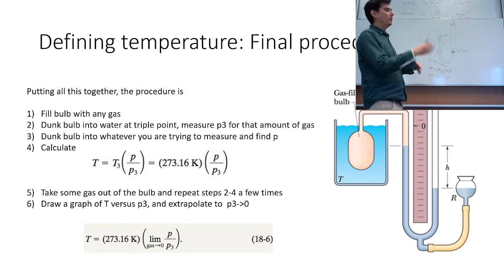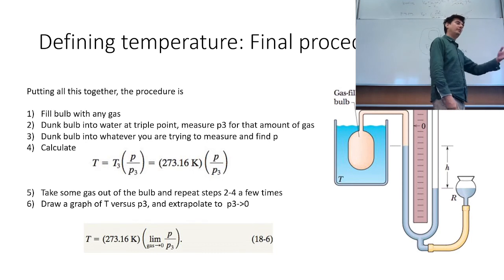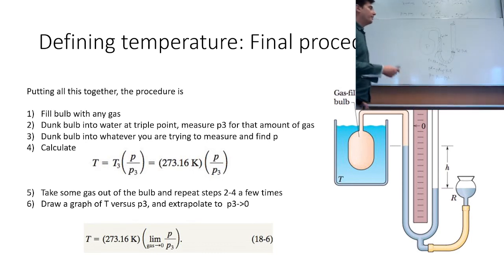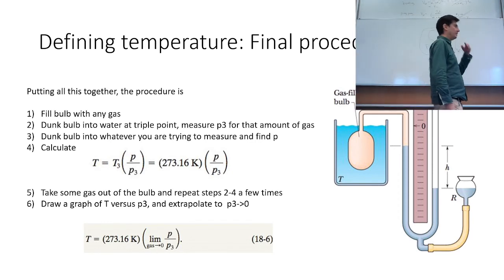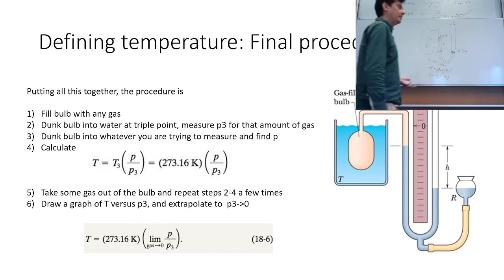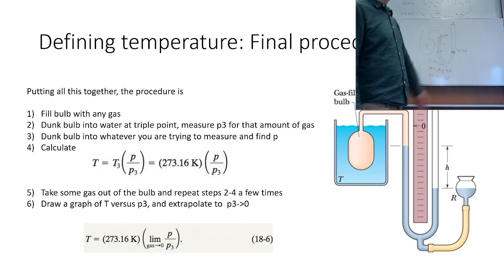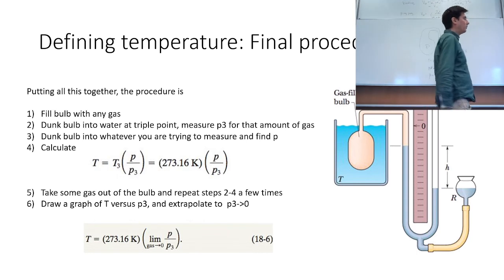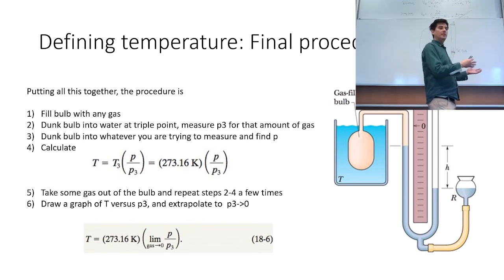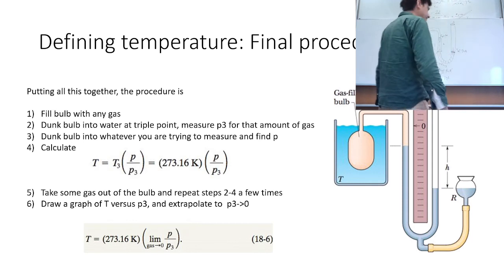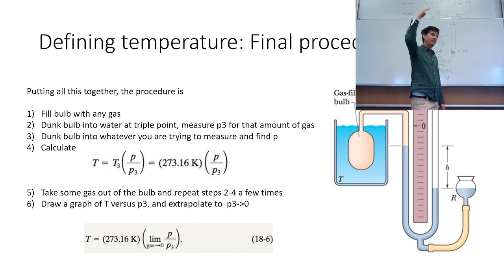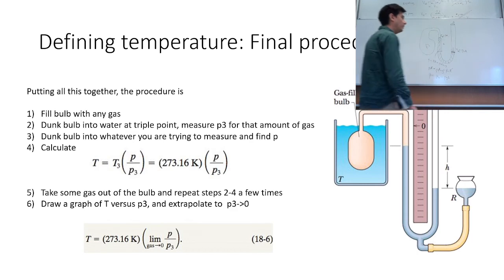You're doing some weird graphing, making different bulbs, and extrapolating. But this is eventually the recipe that you need in order to get something robust that anybody can do to get the same value, because the point is that anybody can do this and get the same answer. If you don't have that, there's a bit of a problem, because we were trying to define a universal scale that anybody can use.